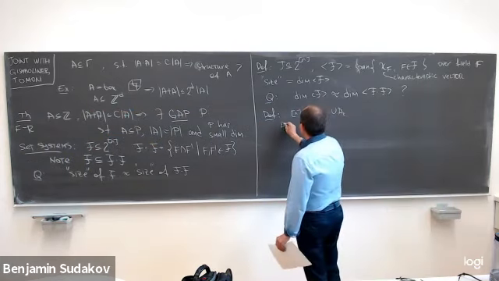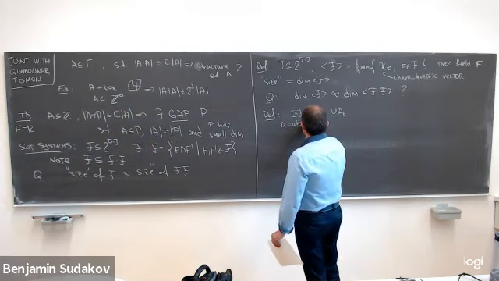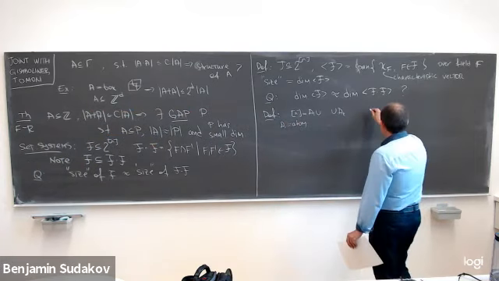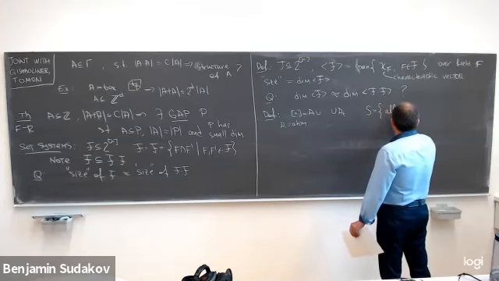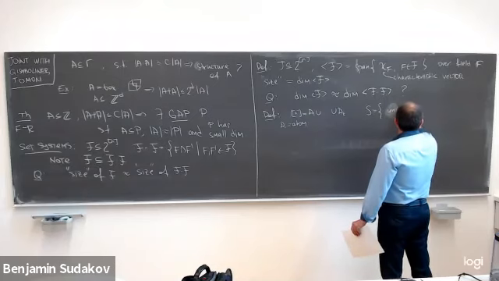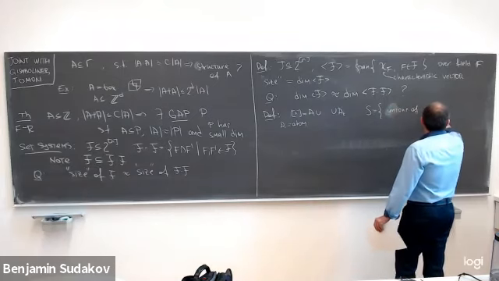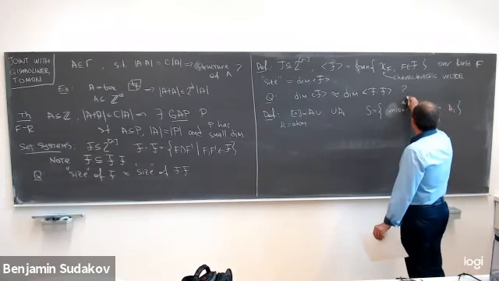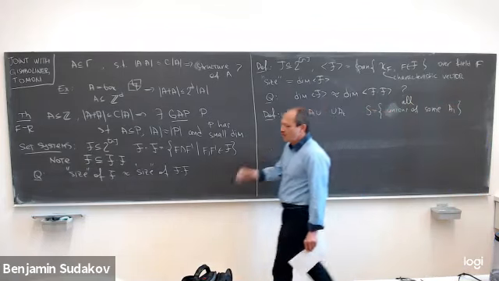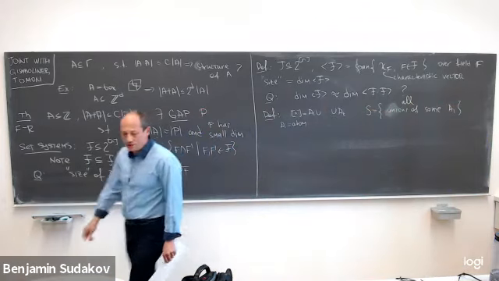A_i is my atom. And let S be all unions of some sets A_i. So you take all possible 2 to the t unions of these sets.